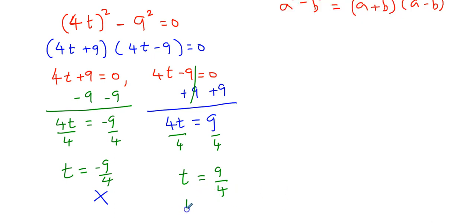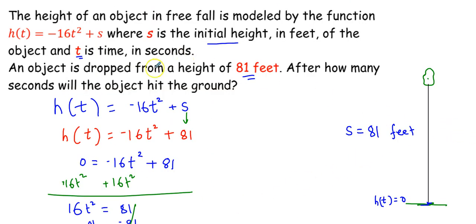So after 2.25 seconds, that object will reach the ground. That's what they are asking. Alright. So for this object to reach the ground from a height of 81 feet, it will take 2.25 seconds.